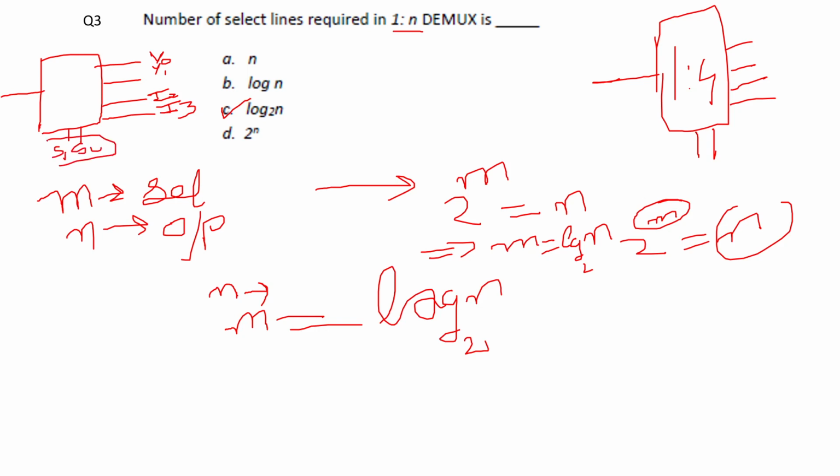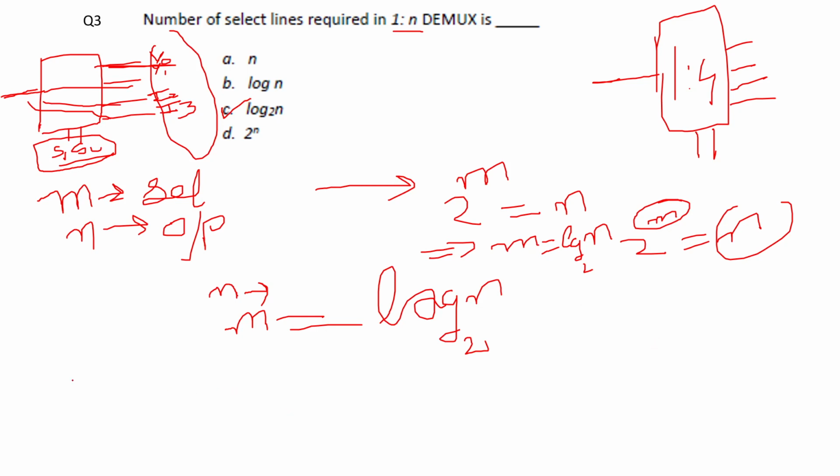Based on the combination of these 2 select lines, the input gets passed to one of the output lines. If S1 and S0 are 0 0, then Y0 will be high. If S1 is low and S0 is high, it will go to Y1. If S1 is 1 and S0 is 0, it will go to Y2. And if S1 is 1 and S0 is 1, it will go to Y3. This is the working of a 1:4 demux.